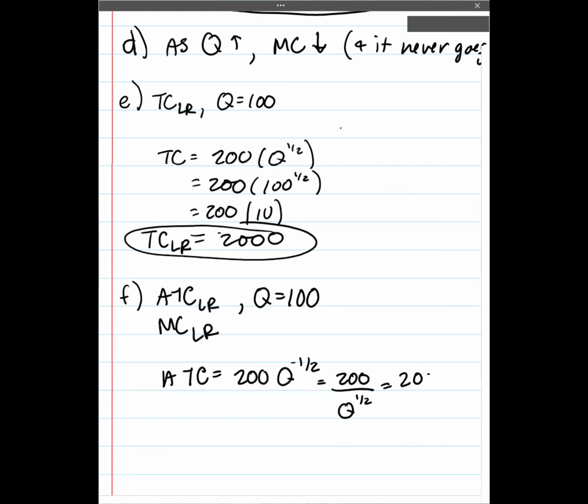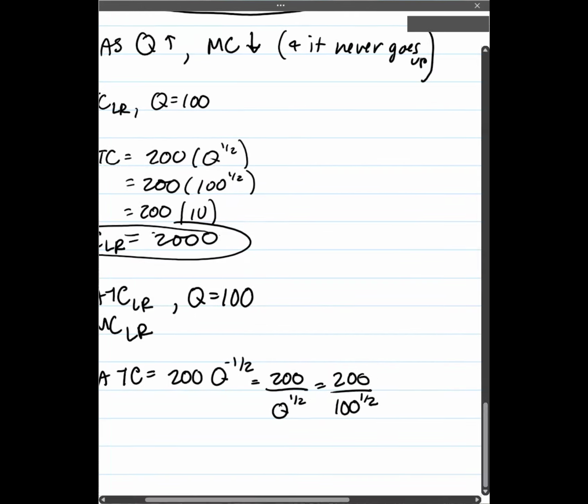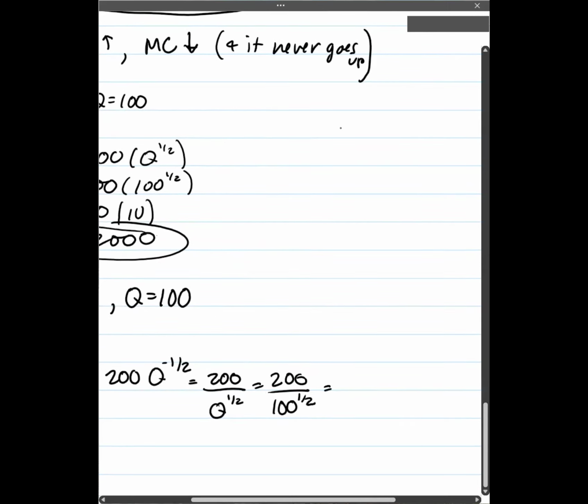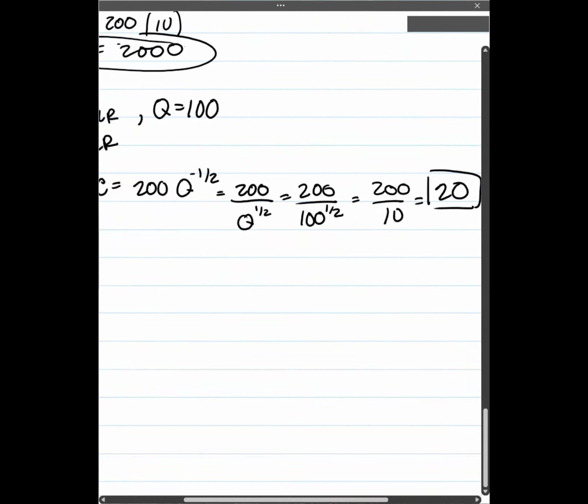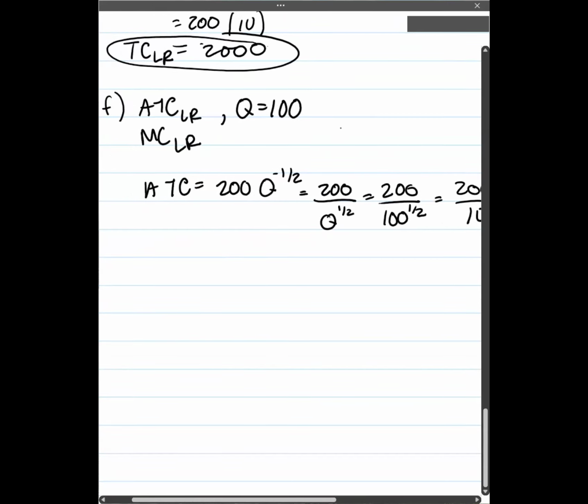Substituting for quantity, we'll have 200 over the square root of 100. That's going to give us 200 over 10, which leaves us with 20. So the firm's average total cost in the long run is 20 when output is 100.